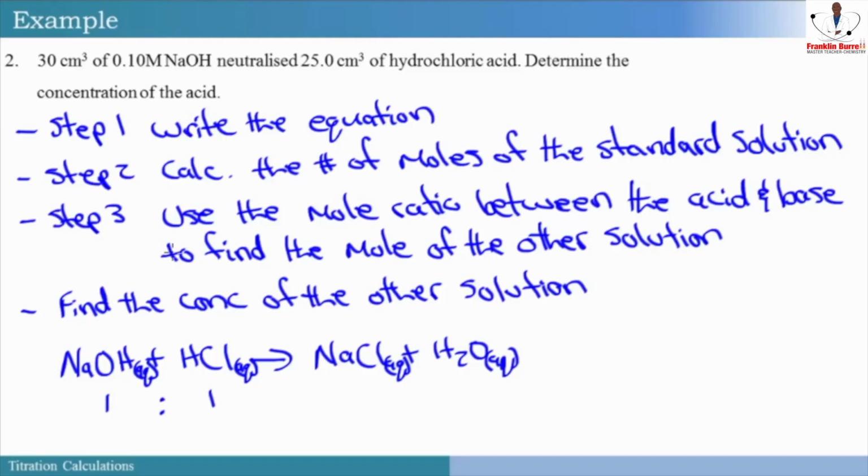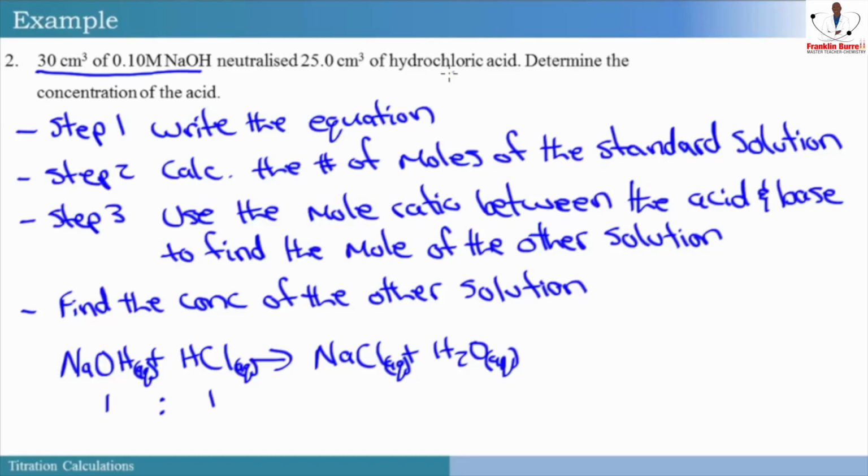You would then calculate the moles of the standard solution here by multiplying concentration times volume in dm cube. When you get that mole, the mole ratio is 1:1, so the moles of this substance here is the same moles of HCl.